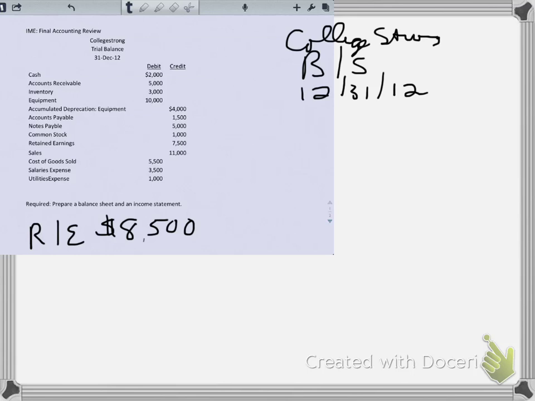Either way is correct. But what I have to do is break up anything that's in a current portion or a non-current portion, except when there's only one item in that category. And I'll show you what I mean. On the asset side, we have current assets. These current assets are cash, and that amount is $2,000.